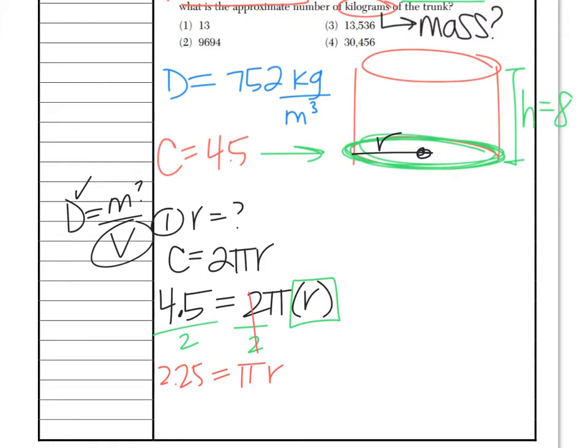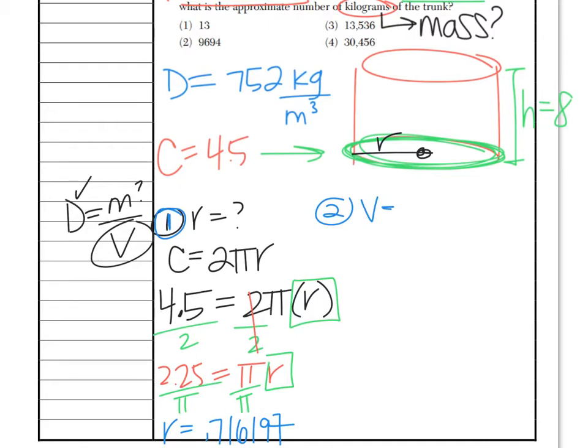Now I have to solve for this radius, so this time I'm going to divide by pi. When I do that, we get a pretty nasty number. We're just going to leave it the way that it is, 0.716197.